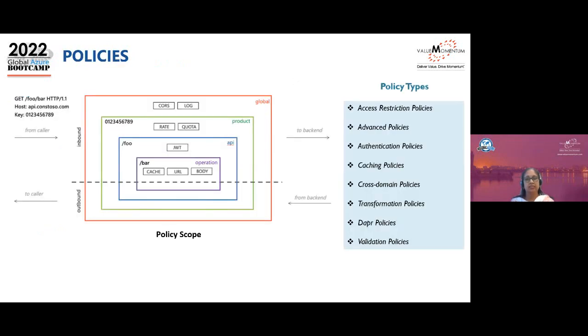Next are the policies. These policies are used so that we can change the behavior of the APIs by adding some configurations to the policies. We can convert from XML to JSON, or we can use different sets of policies. For example, among the access restriction policies, we might use check HTTP header, or we can limit the call rates.